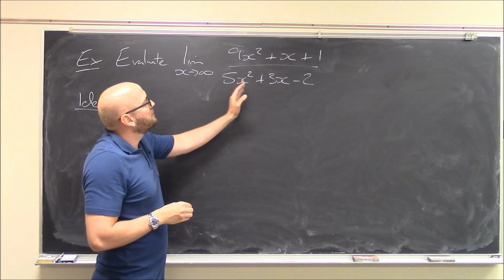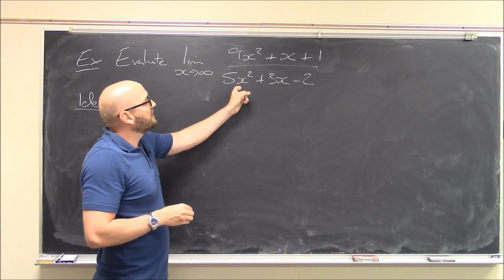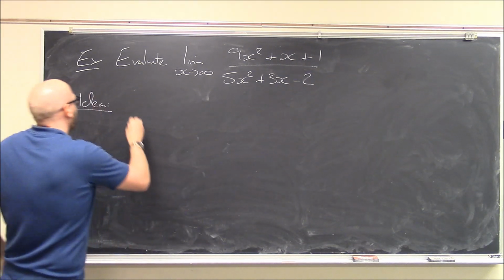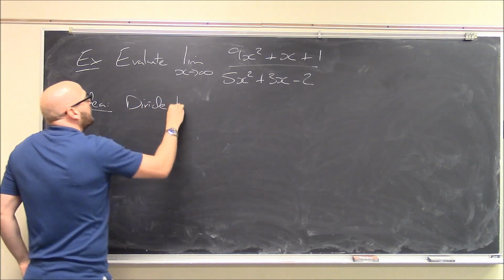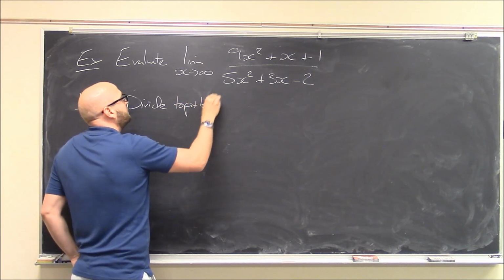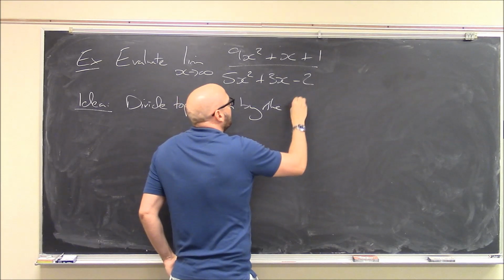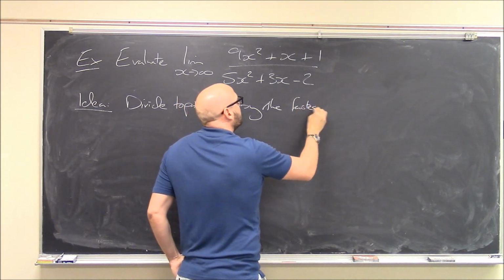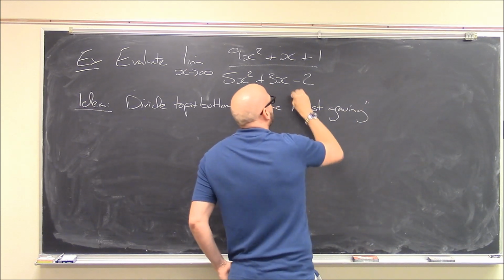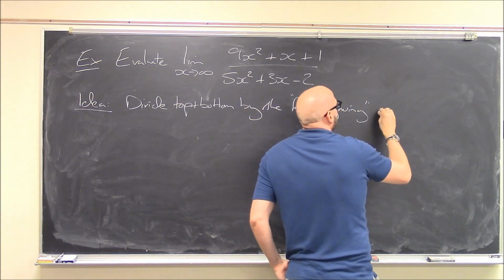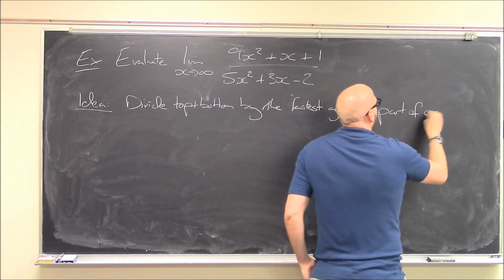Take the fastest growing piece of the denominator that you see. For a rational function like this, it'll be the highest power. So divide top and bottom by the fastest growing part of the denominator.